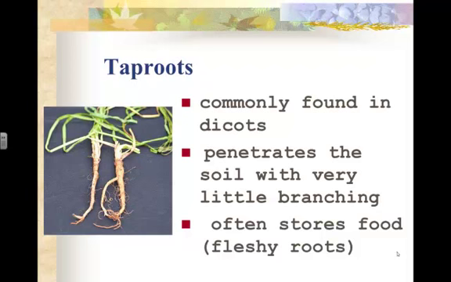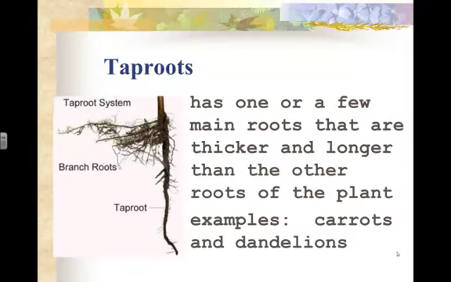A lot of times these are the roots that will store food, because that's why they have that one main root, because that's where the food storage is going on, such as a carrot. Radish is a good example as well. So it has one or a few of the main roots that are thicker, they're longer than the other roots. And examples you need to know: carrots, dandelions.